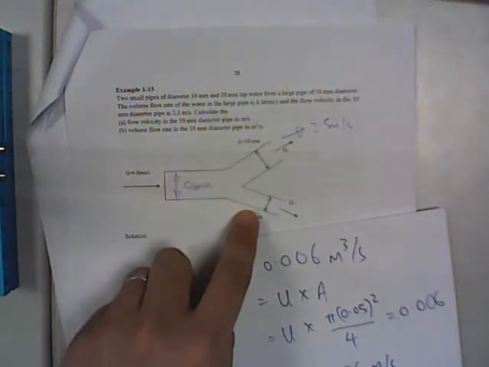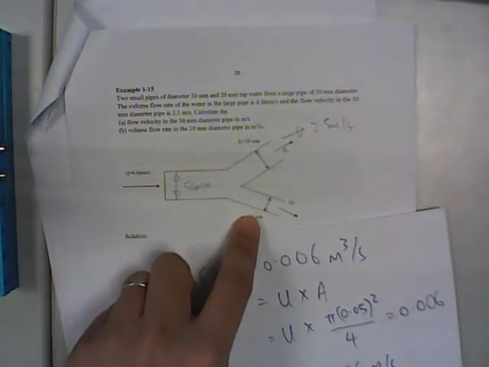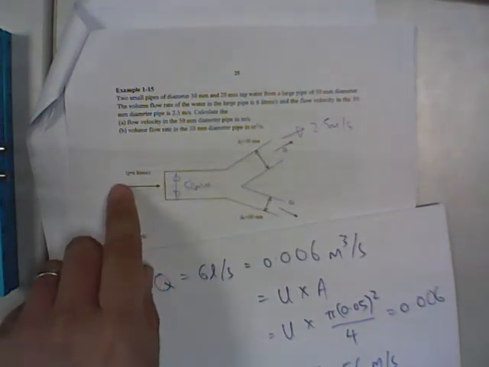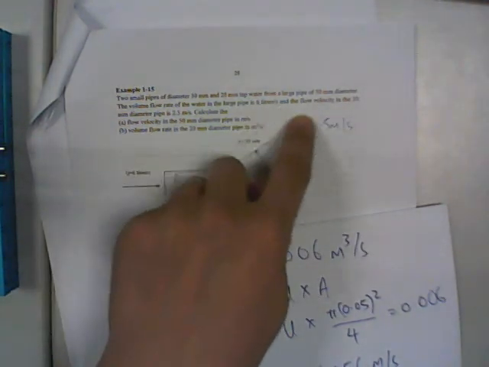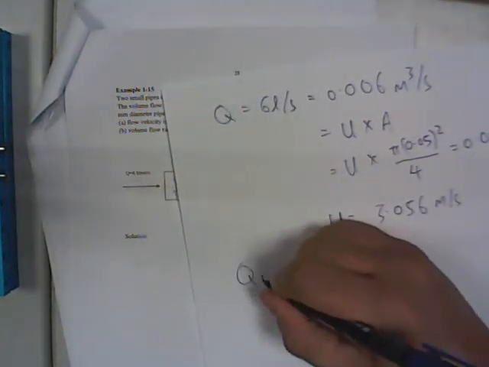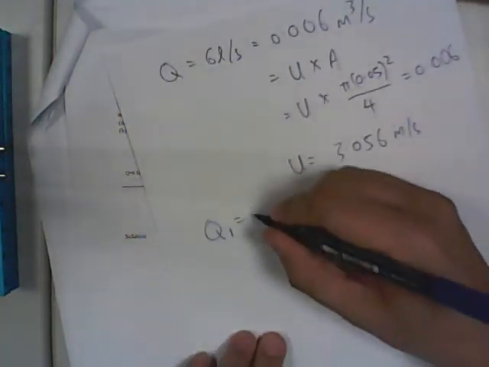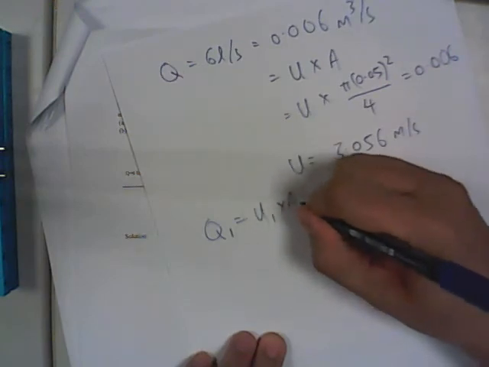And second, the volume flow rate in the 20 mm pipe in meter cube. You have Q over here, and you need to find Q over here, Q1. Q1 is just U1 times A1.